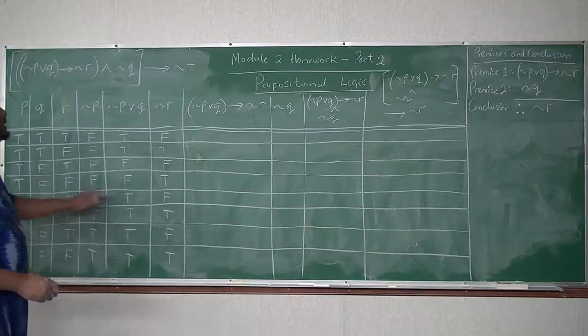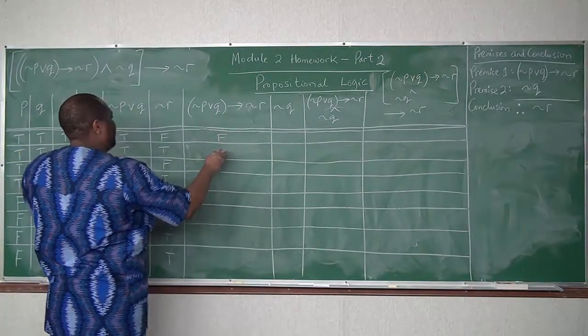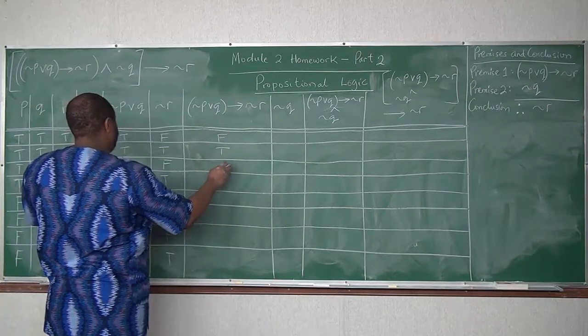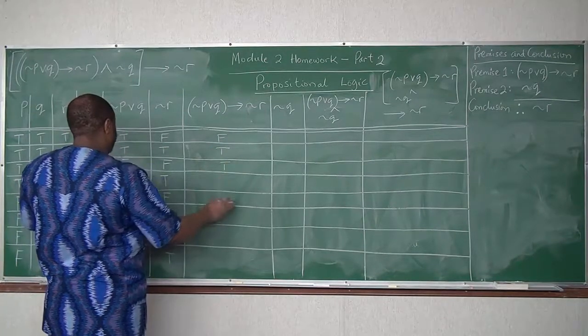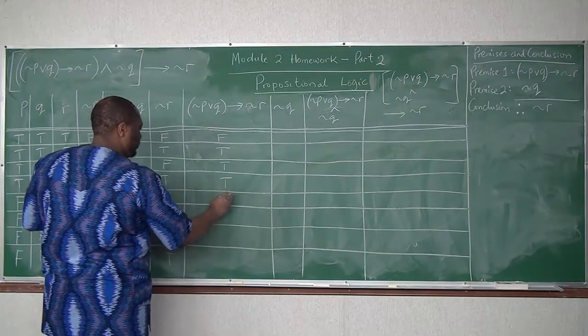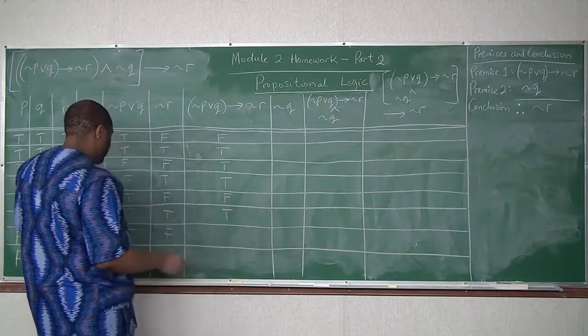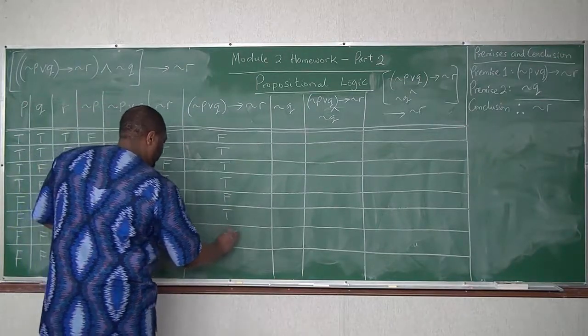Now this implies this. True implies false is false. True implies true is true. False implies false is true. False implies true is true. True implies false is false. True implies true is true. True implies false is false.